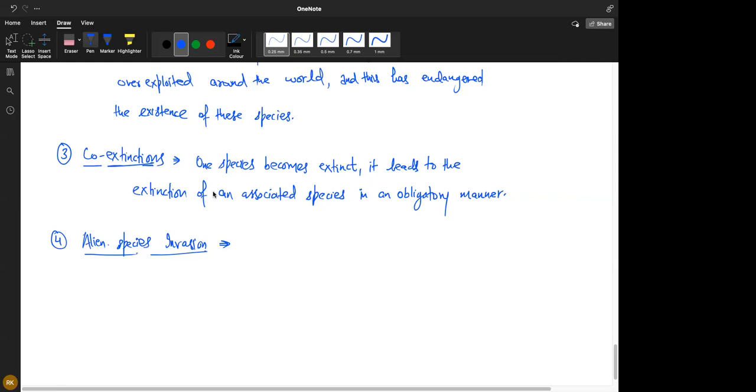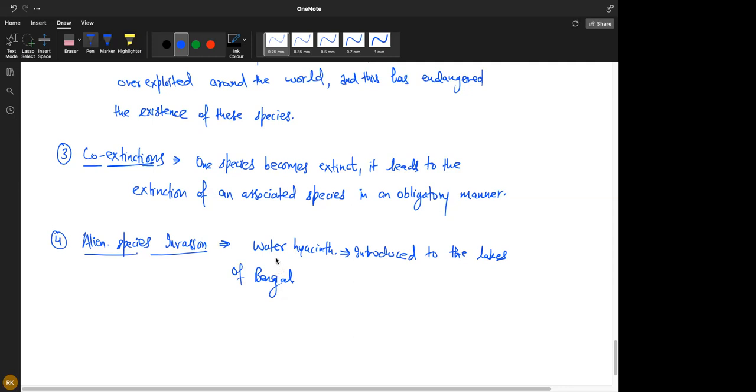Many times it has happened. The most common example is water hyacinth. Water hyacinth is an aquatic plant, and it was introduced to the lakes of Bengal by the British, because of its beauty and ornamental value.